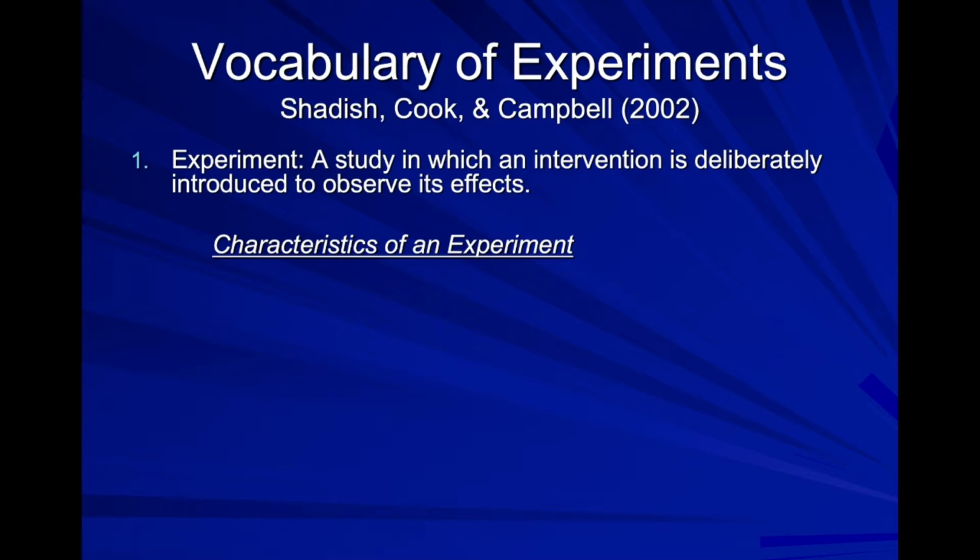There's three that are fairly widely cited, and then three that I added in, although they could be used in quasi-experiments or other kinds of research methods, but I think it's important at least to mention them.